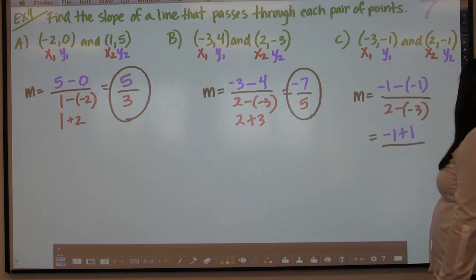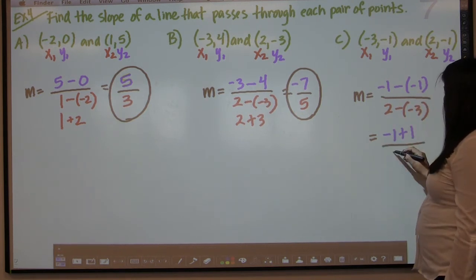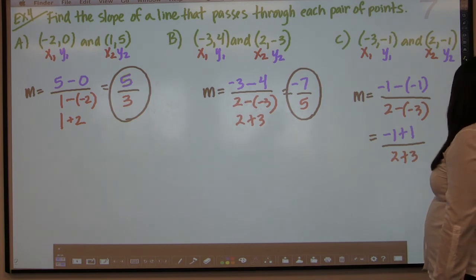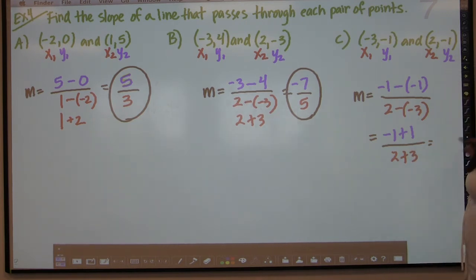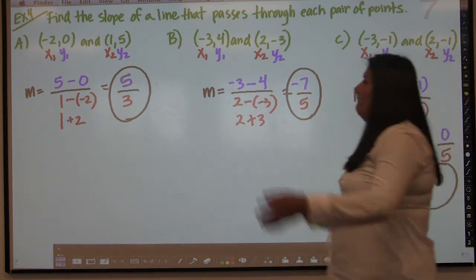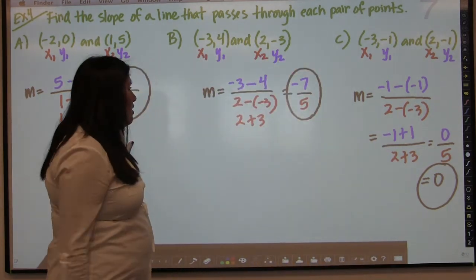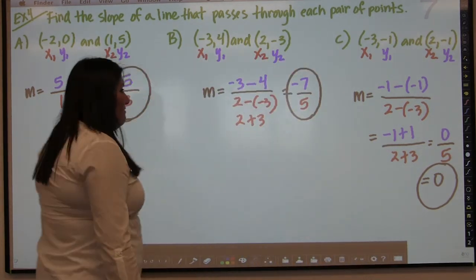Negative is positive. On the bottom as well, it's 2 plus 3. And negative 1 plus 1 is, you guessed it, 0. And 2 plus 3 is 5. So 0 divided by anything is 0. So yes, it is possible to have a 0 slope. We can have a positive slope, a negative slope, or a 0 slope.